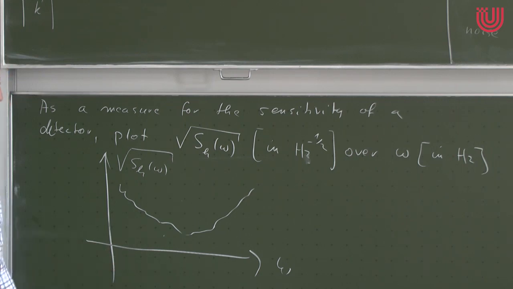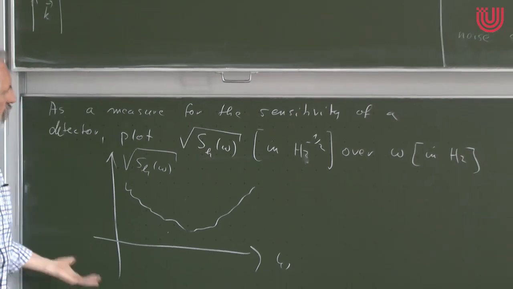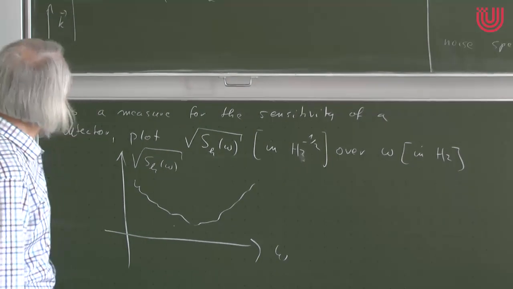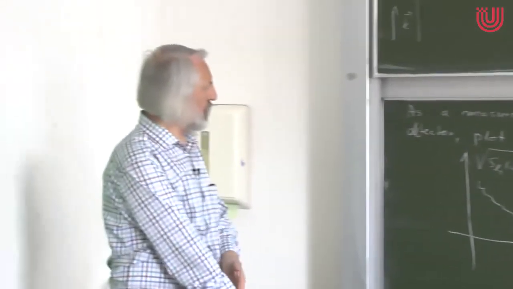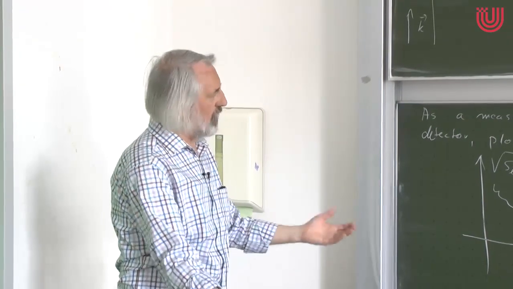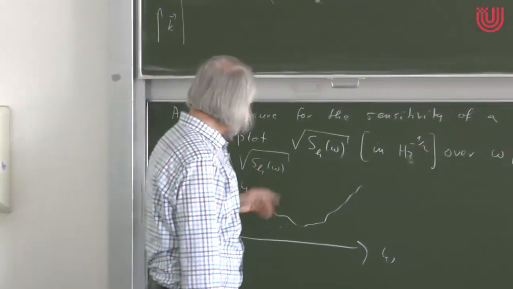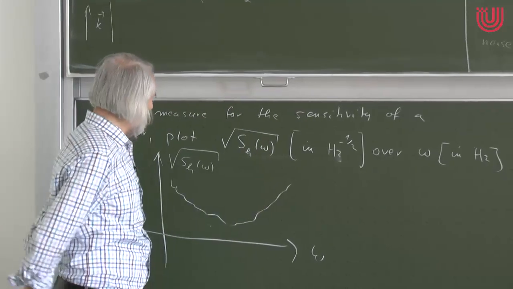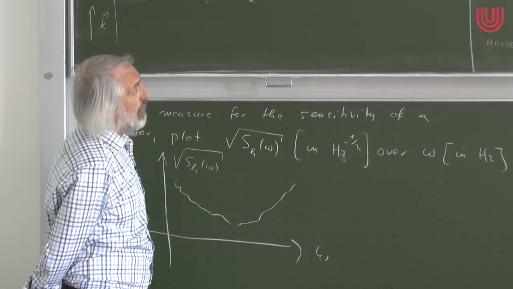So nowadays these resonant bars are operated at very low temperature. I said already that Weber had them working at room temperature. Now they are working at millikelvins or something like that. So then you can considerably reduce this thermal noise. And then there are other noise sources which are contained in these diagrams. For these, I'll show you pictures in a minute.